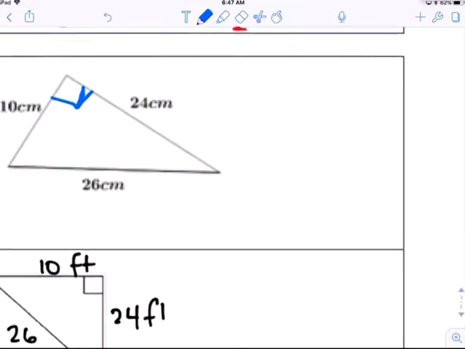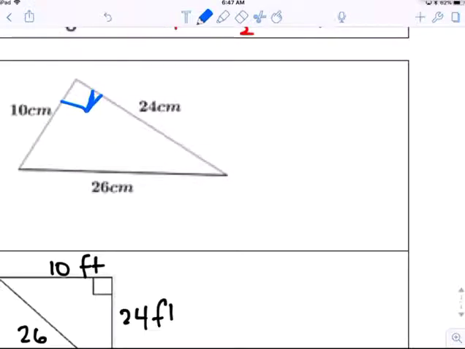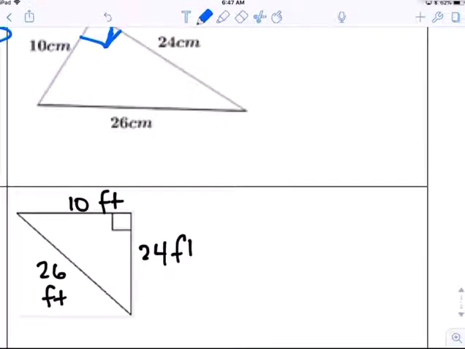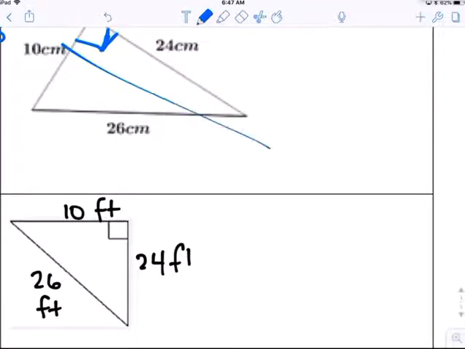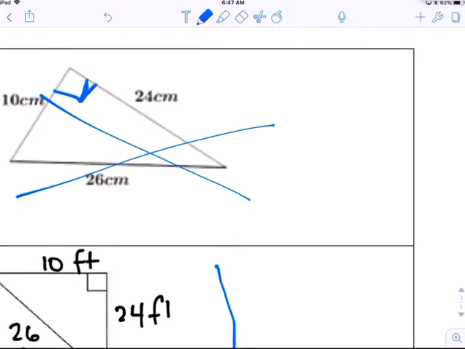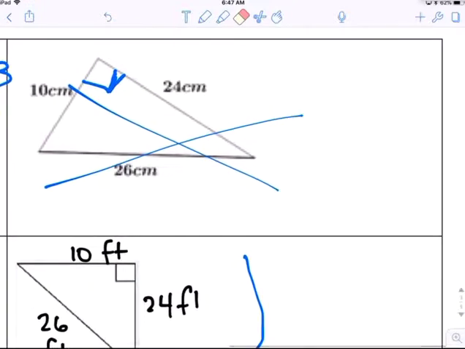Let's start with this one. This one is the same as this one, so you can cross it out. It doesn't matter which one you do. Cross out the other ones.